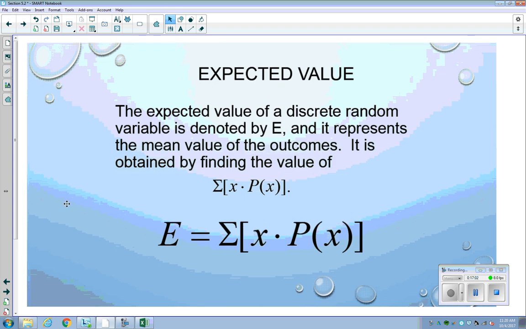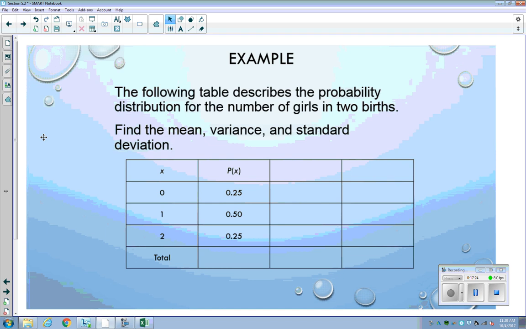So we bring up a new vocabulary word here, expected value. The expected value is nothing other than the mean. That's the expected value. That's what that slide goes through and says. It's the same exact formula that we saw earlier for the mean. So, here we go. The following table describes the probability distribution for the number of girls in 2 births.